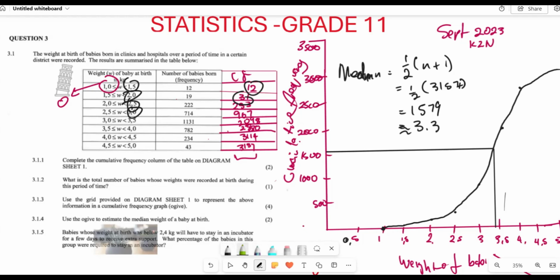You can come here and say 2.4, it's somewhere here, and then this is going to be also somewhere here, right?